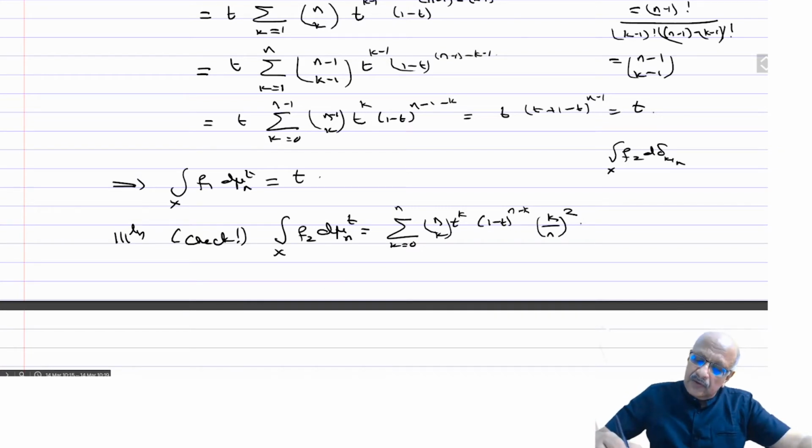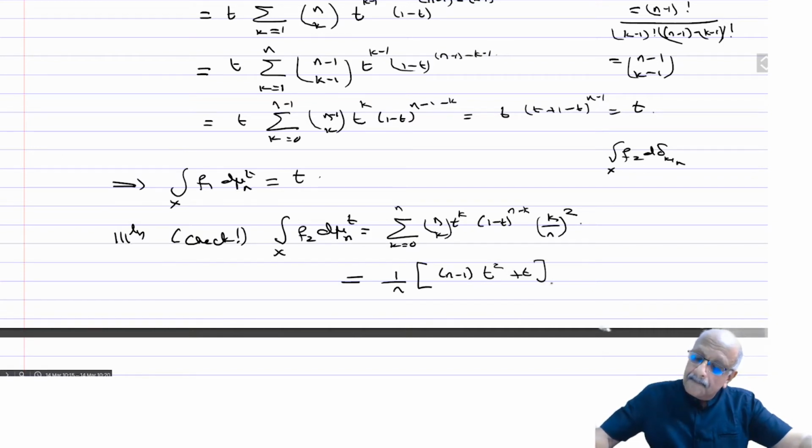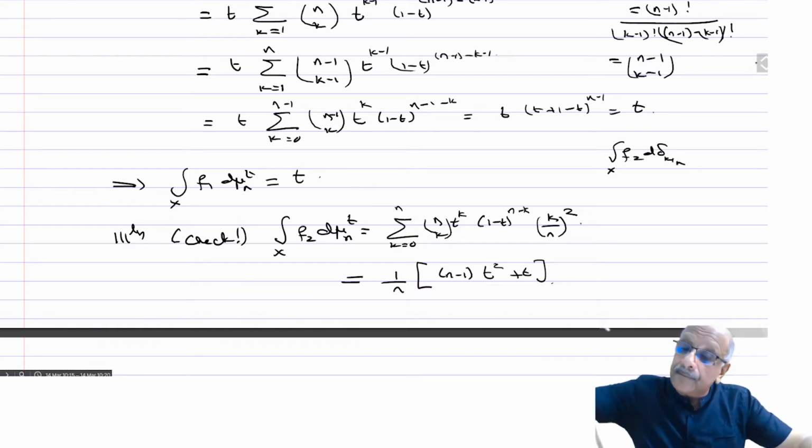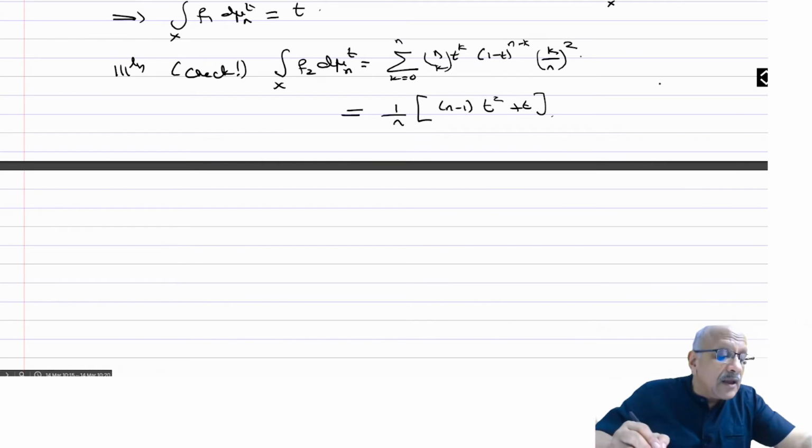Okay, so then that is equal to 1 by n into ((n minus 1) t square plus t). So yeah, just check it, it's just again algebra.